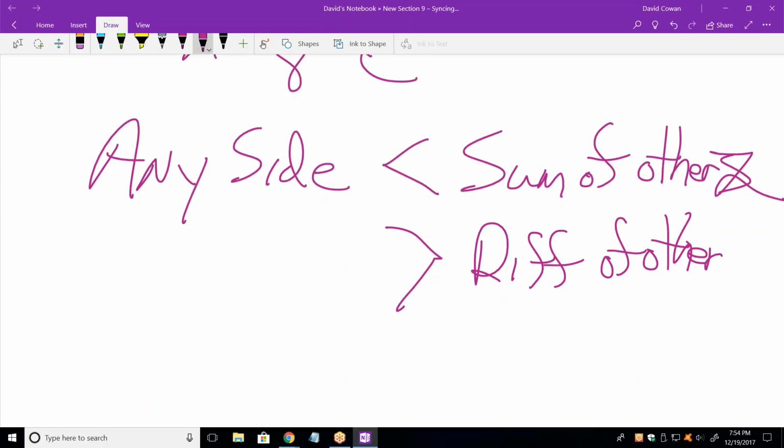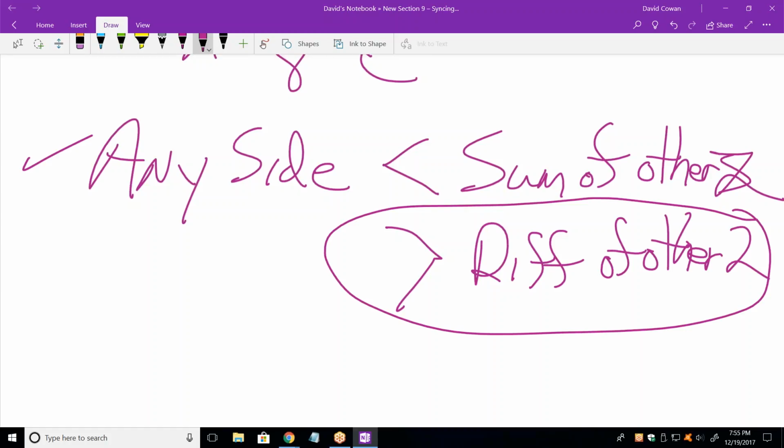I love these things where you don't have to memorize the whole thing. If you memorize that along with its reverse, you don't have to memorize the other. You just know that any side's less than the sum of the other two and greater than the difference.